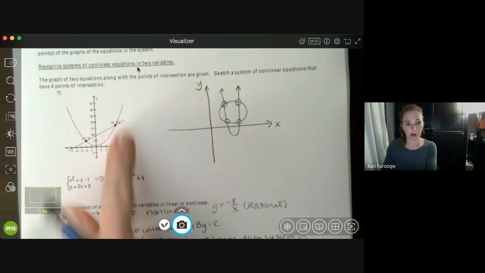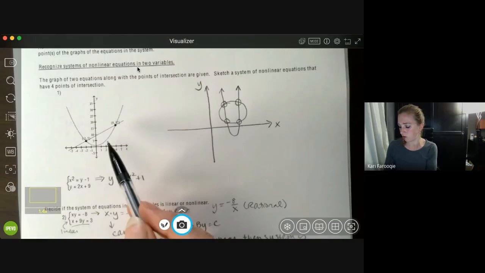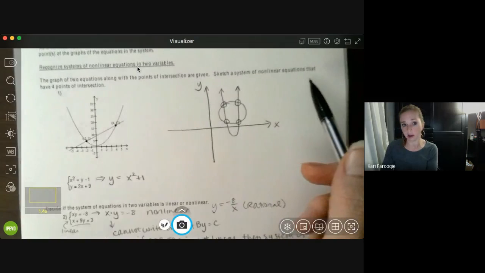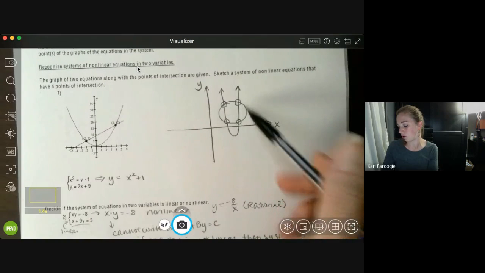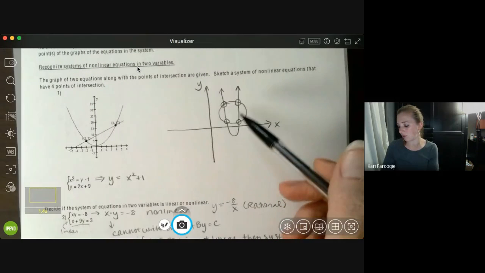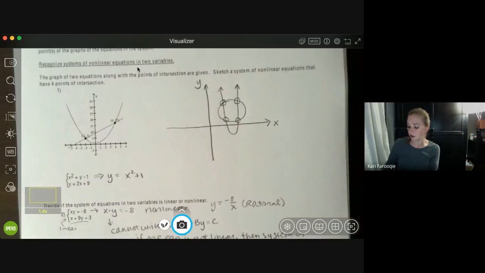Could be like a parabola intersecting a line, in which case you'd have 2 solutions, because remember, you're looking at those intersection points. And then we were asked to sketch a system of nonlinear equations that had 4 points of intersection, and we drew a circle and a parabola. Though that's not the only possibility, but that's one pretty common one that you're going to see here.